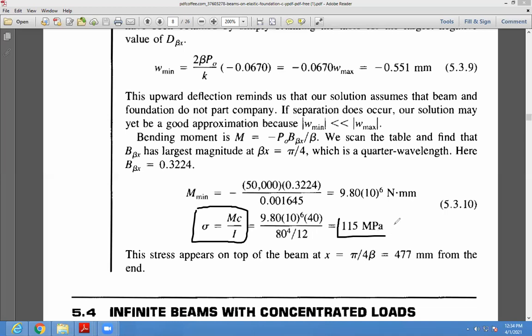Check whether it is 115 Newton per mm square.